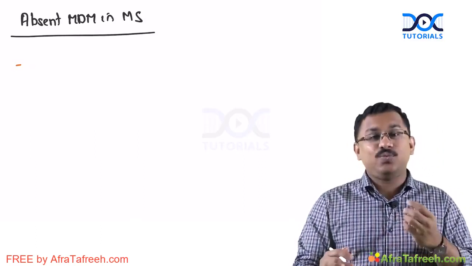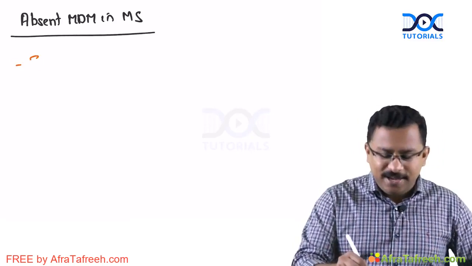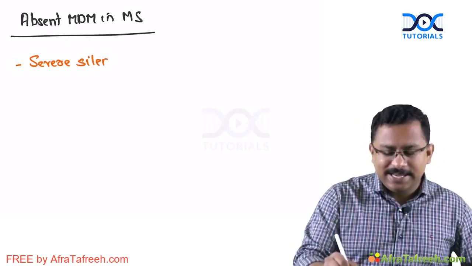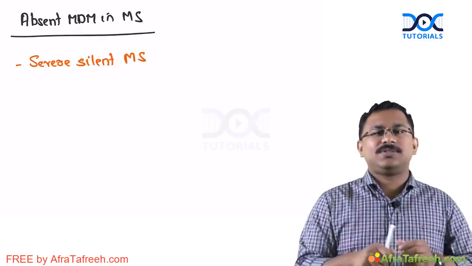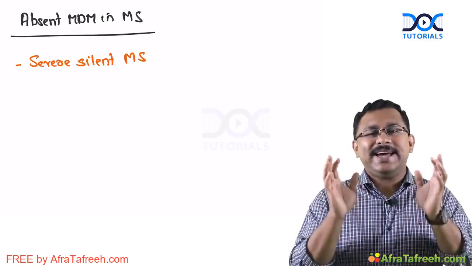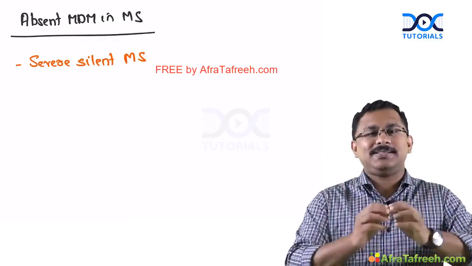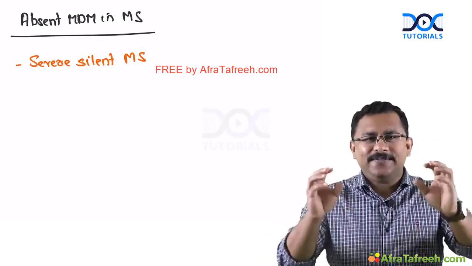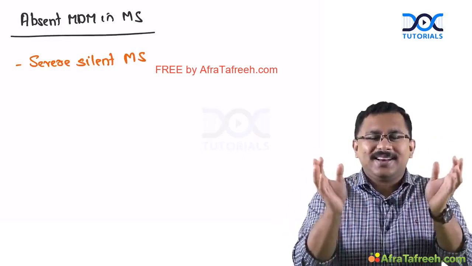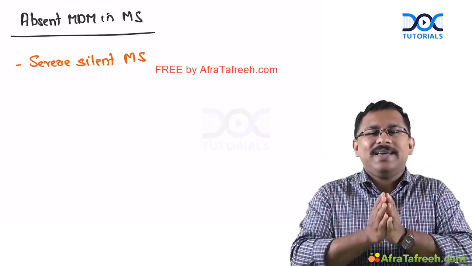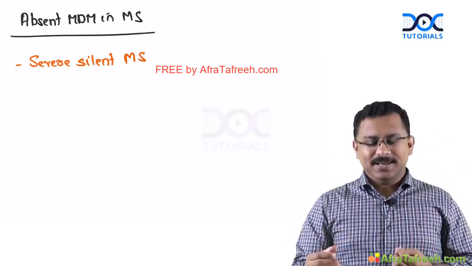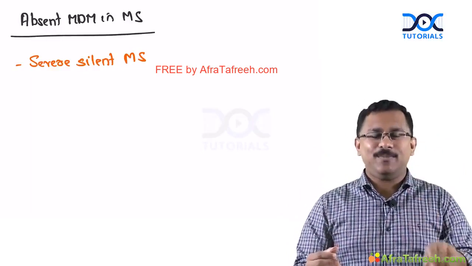One scenario is when you have a severe MS which goes to a state of severe silent mitral stenosis. A severe silent mitral stenosis means the stenosis is so severe and the transmitral flow is so low as to not produce a murmur. That is called a severe silent MS.